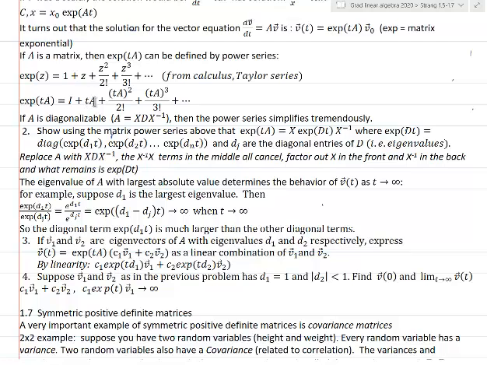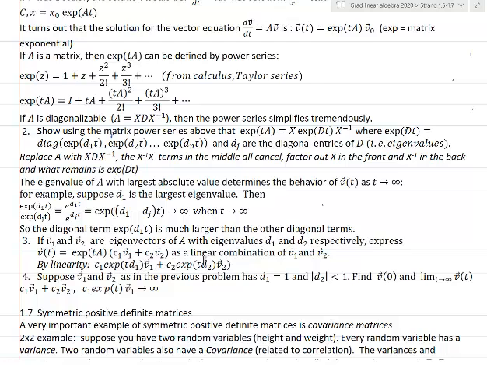Since v is an eigenvector, that's going to be t times d1 times v. This is going to be t squared times d1 squared times v over 2 factorial. This is going to be t cubed times d1 cubed times v over 3 factorial. So if I multiply this matrix times a vector, I get a vector. All these terms will be vectors, but they'll all be multiples of v. If I collect all the multiples of v, I get the exponential of t d1.